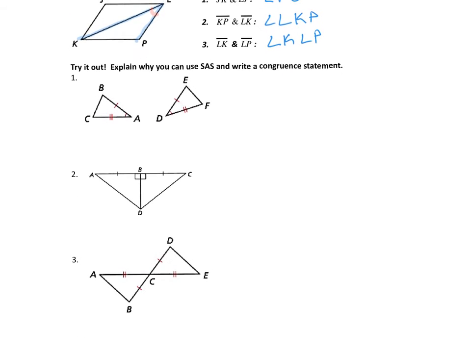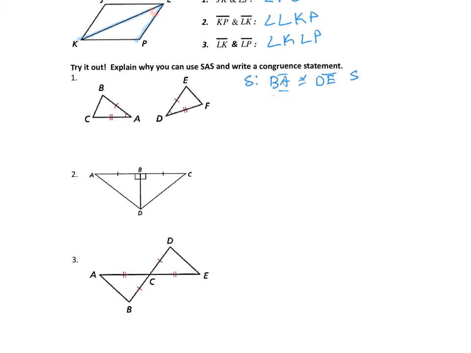Next portion, try it out. Explain why you can use side angle side, SAS, and write the congruence statement. Well, here we'll start with a side, BA, right? BA and DE are congruent. We can also say CA. So this is a side.